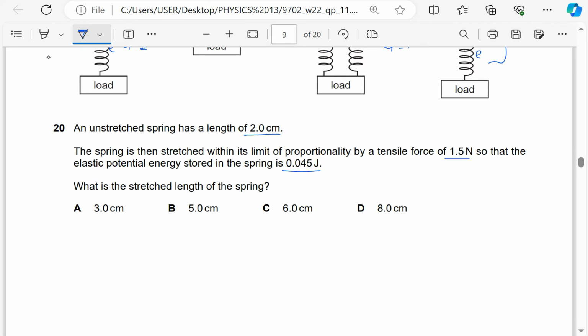Of course we know that elastic potential energy is equal to a half times the force times x. So I want to make x the subject, so x is going to be twice E divided by F. So this will be 2 times the elastic potential energy, 0.045, divided by F, which is 1.5.